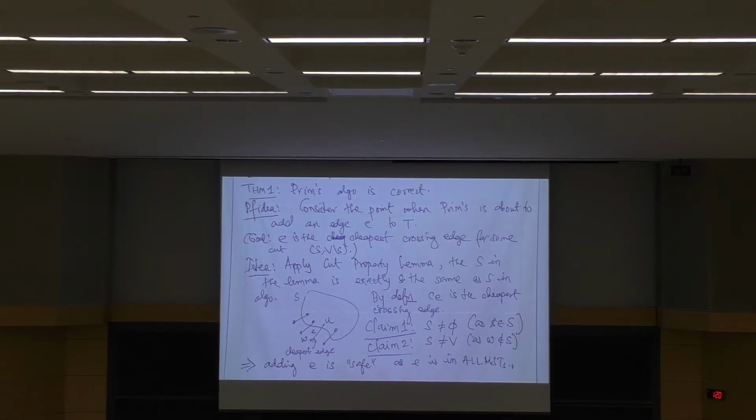But that is not what we're going to use in the cut property lemma, and that is not how we're going to use the cut property lemma. But that's a separate theorem you can prove: if all the edge costs are distinct, then the MST is unique. You cannot have two distinct MSTs. It's actually not that hard to prove. It's a fun exercise to think about.